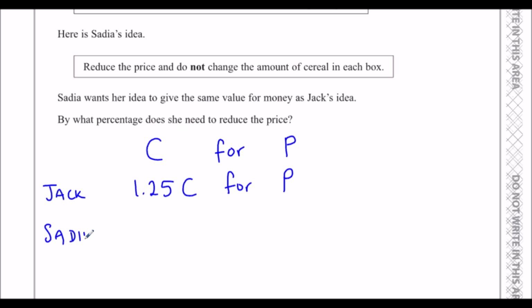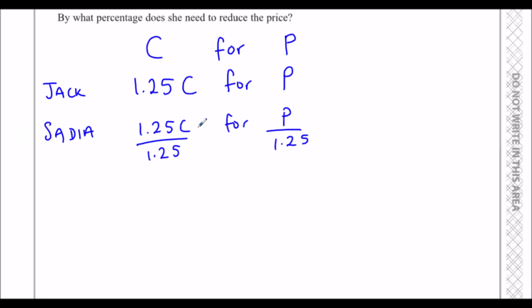So for Sadia, we need to keep this offer the same value, but keep the amount of cereal the same and change the price. So if we take Jack's offer and divide both by 1.25, so 1.25 over 1.25, that means we keep the same amount of cereal. And how about the price? So it's the price divided by 1.25.